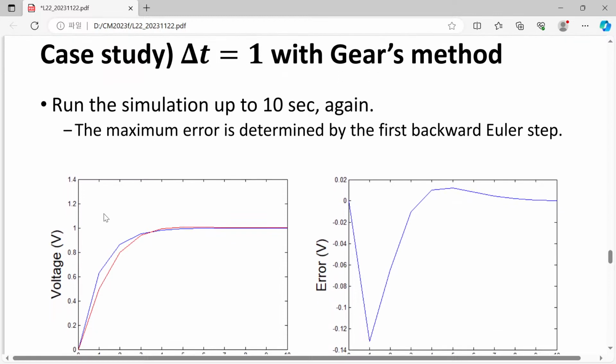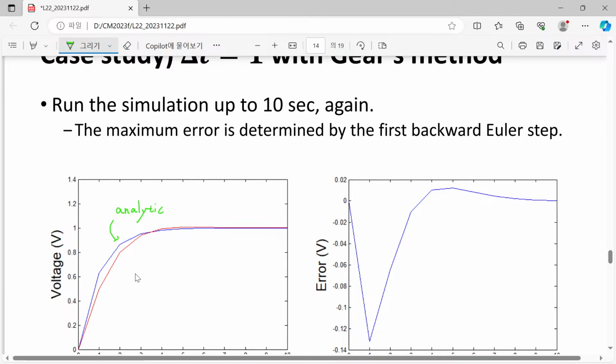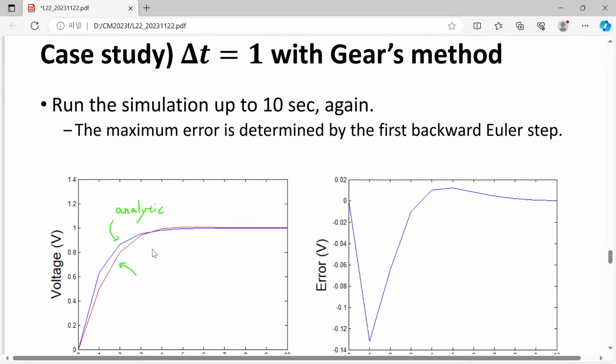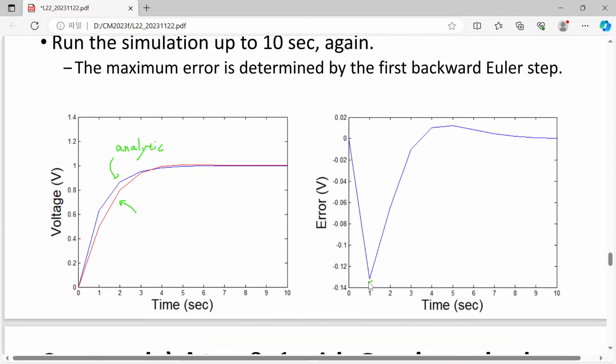Once again, this blue one is the analytic solution, and this red one is the numerical solution with Gear's second order method. In this case, the maximum error actually occurs at 1 second, and this is obtained from what? Obtained from just the backward Euler scheme.